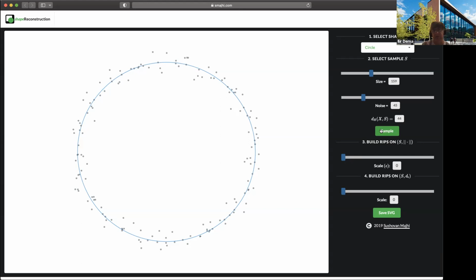But as with every measurement that we do, there is some noise introduced, some error in the measurement. These points don't fall precisely on the circle. Now, how can we make a scientific argument that these points have been sampled from a circle? Okay, so this is how.